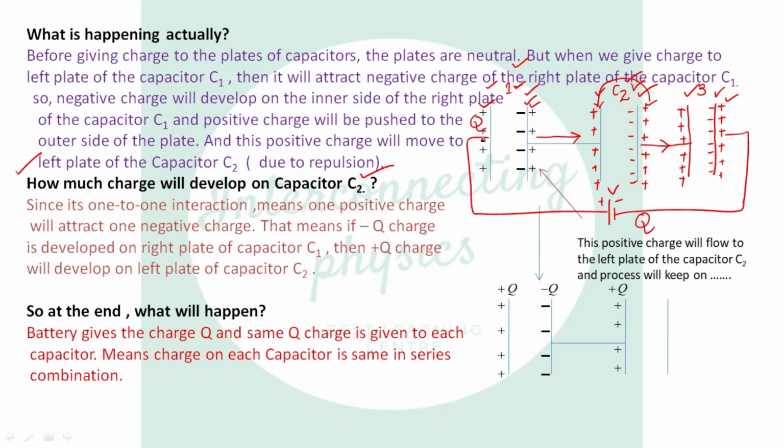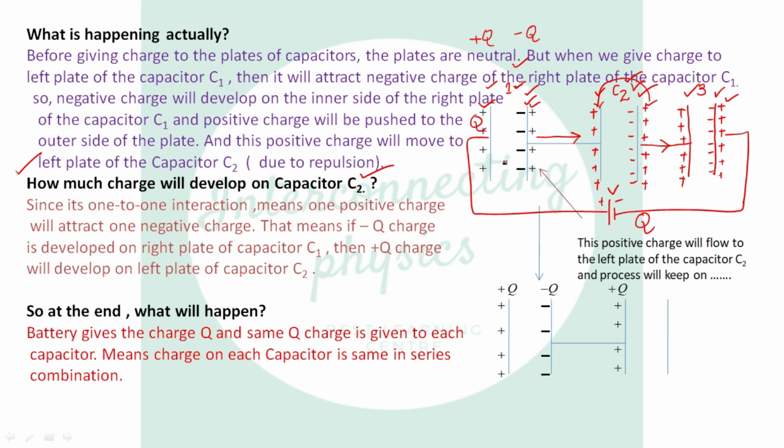Then this is one-to-one interaction, means one positive charge will attract one negative charge. It means the plus Q charge developed on the left plate of capacitor 1. That means the same amount of opposite charge will be developed on the right plate of capacitor 1, that is plus Q on the left plate and minus Q on the right plate.